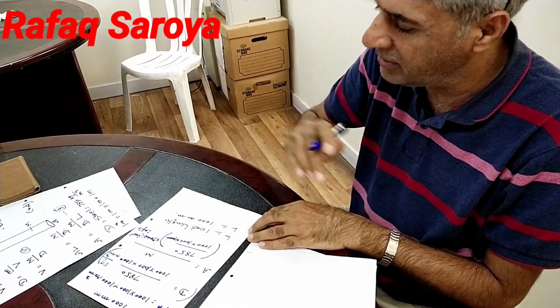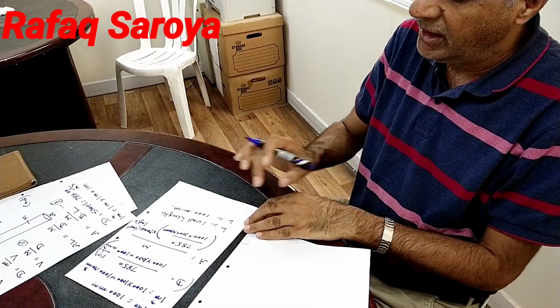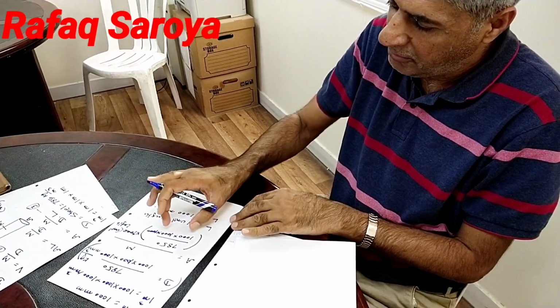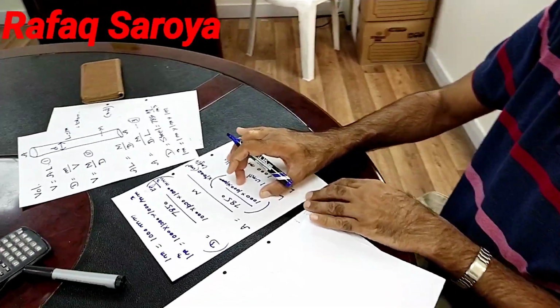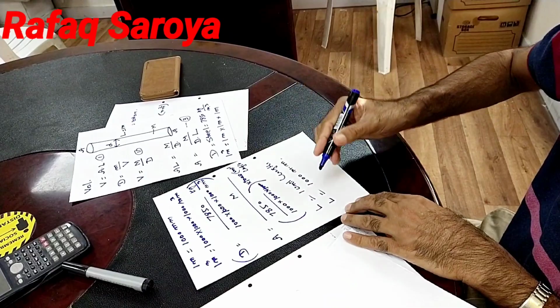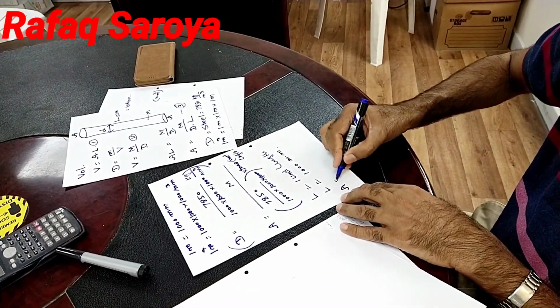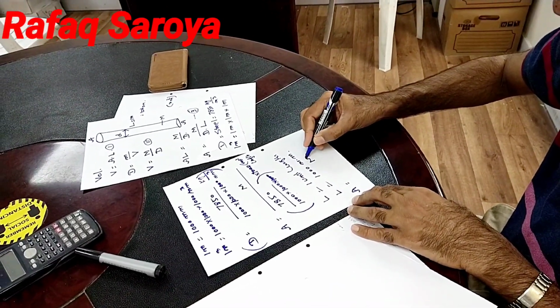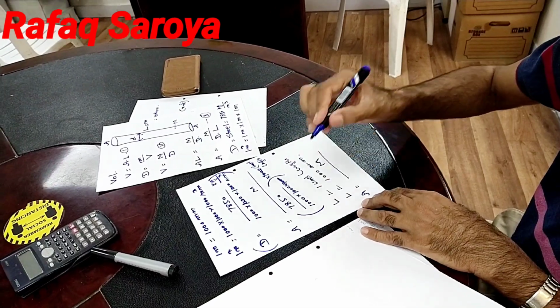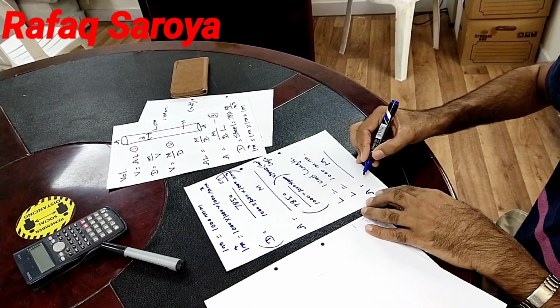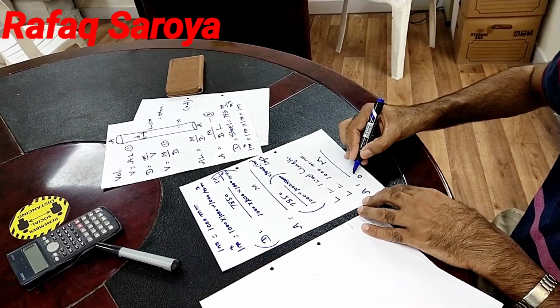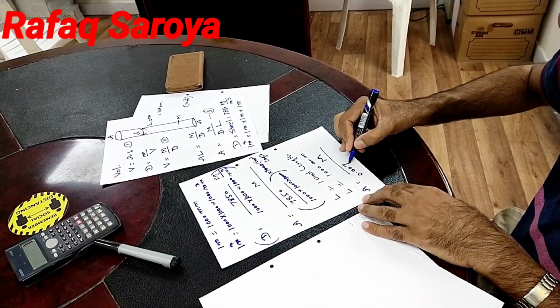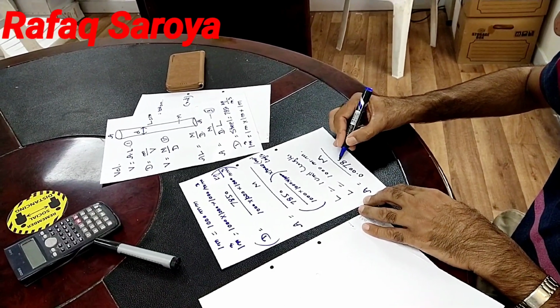After making this, and you know, when this value is divided by this value, we are going to get M over 0.00785.